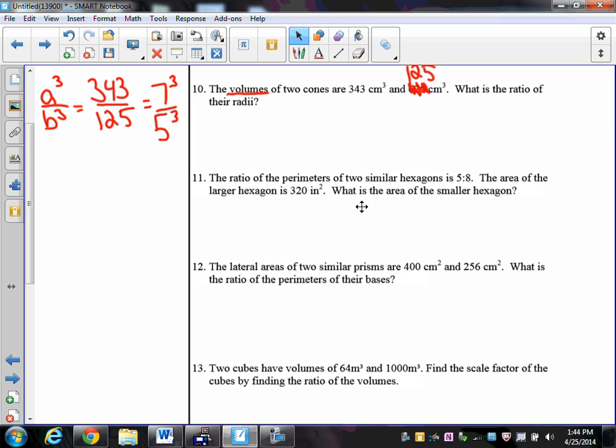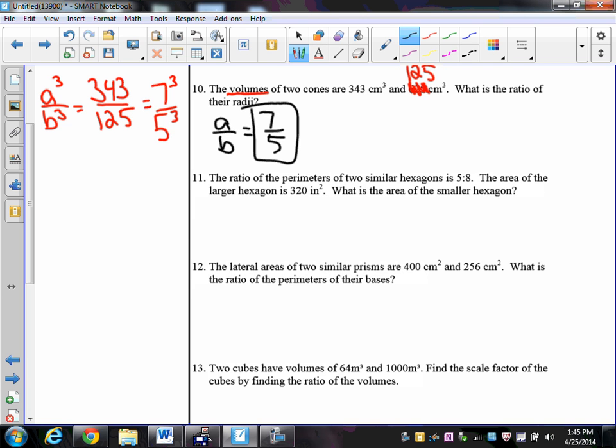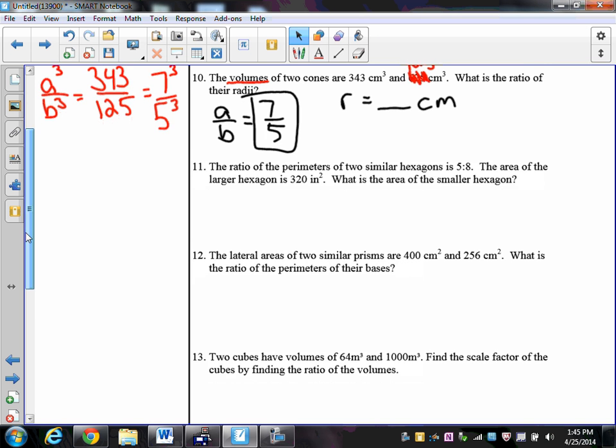The reason why we had to do the cube root is because we know that A over B is going to be equal to 7 to 5. And that is what the ratio of their radii are. So remember, think radii is equal to something centimeters. So you have to find out what it is, A to B. That's going to be our ratio.